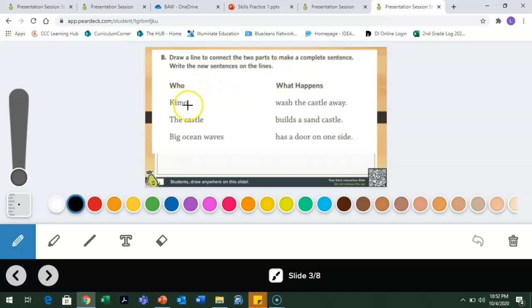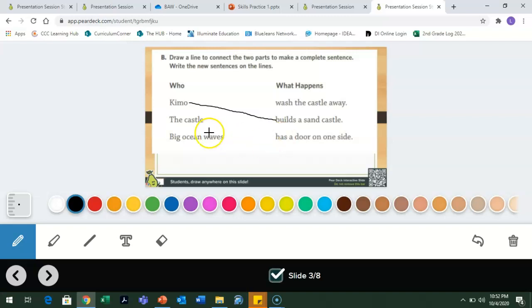So it says, Kimo. Wash the castle away. Built a sandcastle or has a door on one side. Which predicate fits better with the subject Kimo? Think about it. If you think that the one that fits the best says Kimo built a sandcastle, kiss your brain.